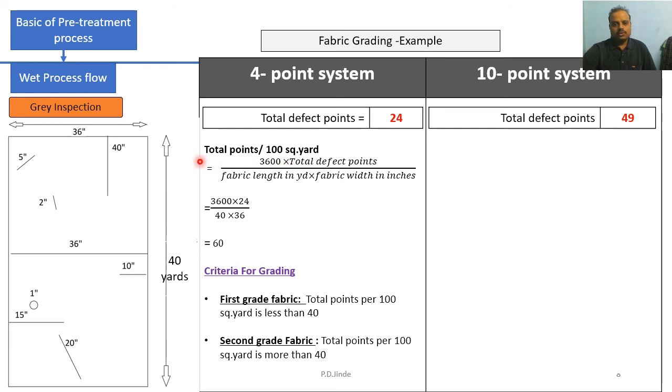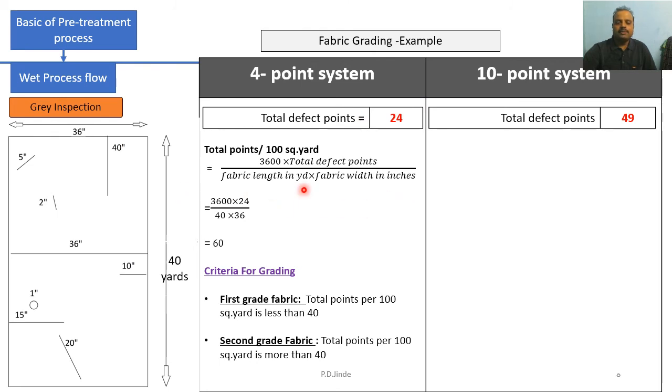So this formula, total points per 100 square yard, is equal to, when we plug in 3600, which is a constant value, into total defect points. What is the total defect points here? It is 24, right? So we write the 24. 3600 is constant, multiply total defect points 24 and divide by the area of the fabric.